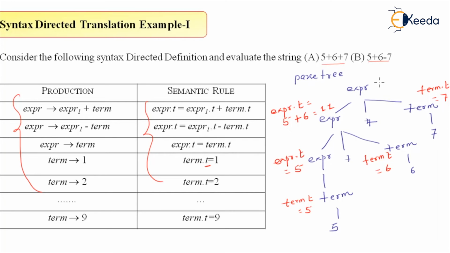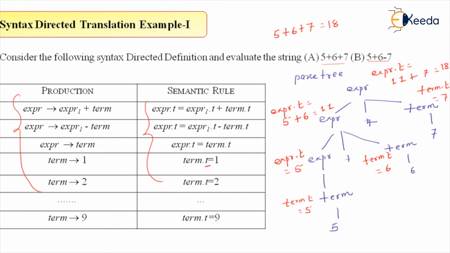Finally here expr dot t will be equal to 11 plus term dot t, which is 7, and that is equal to 18. So finally your 5 plus 6 plus 7 is translated to 18.